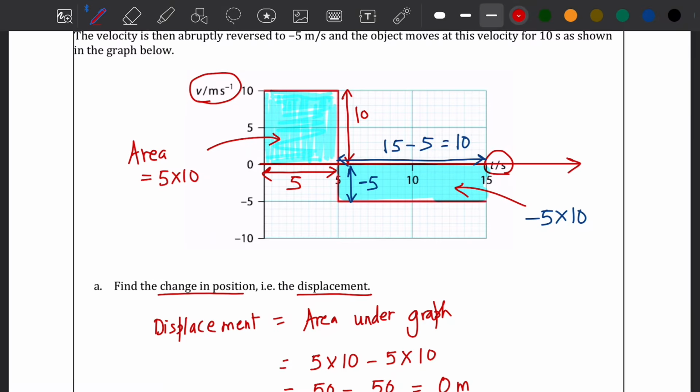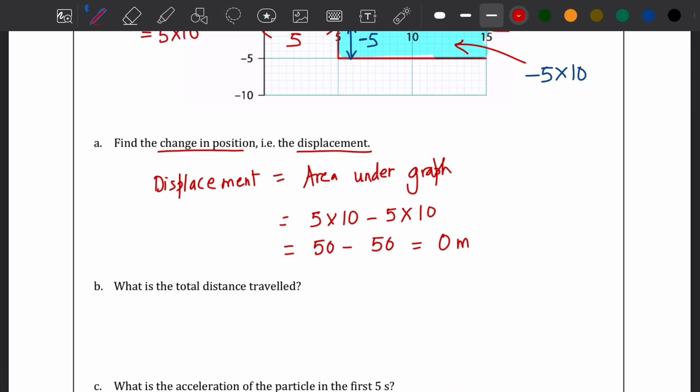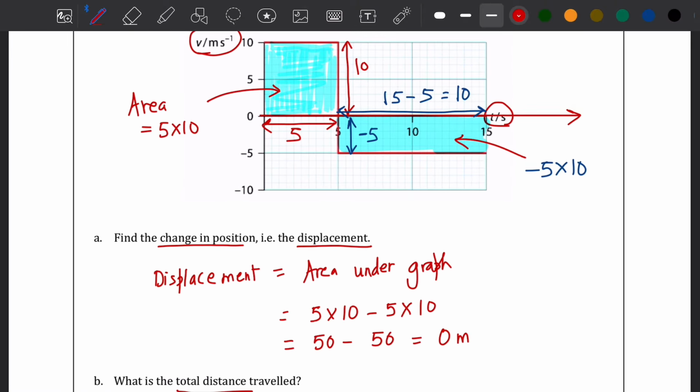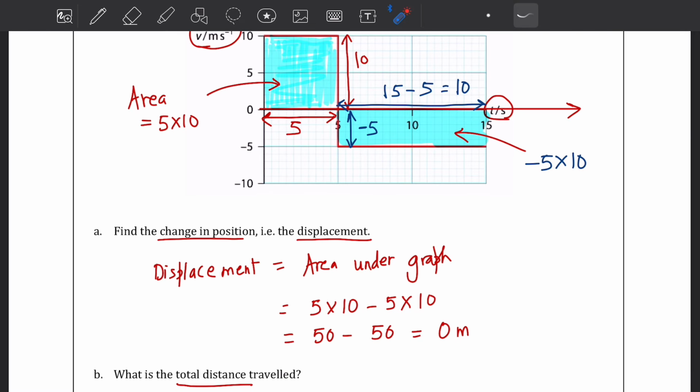That's the displacement. Next is, what is the total distance? So this time it's distance. We know that for distance we have to put everything positive. Like in displacement, we took one of the sides as minus 5, but for distance we are going to put it as positive.